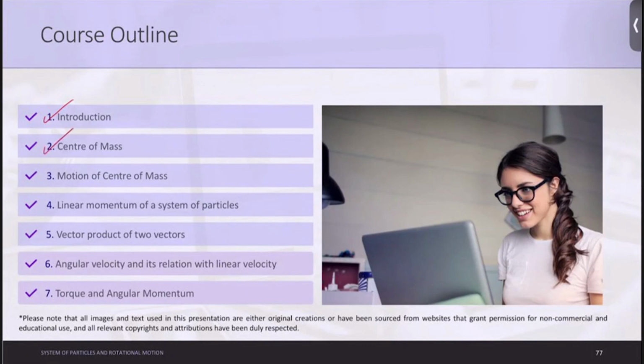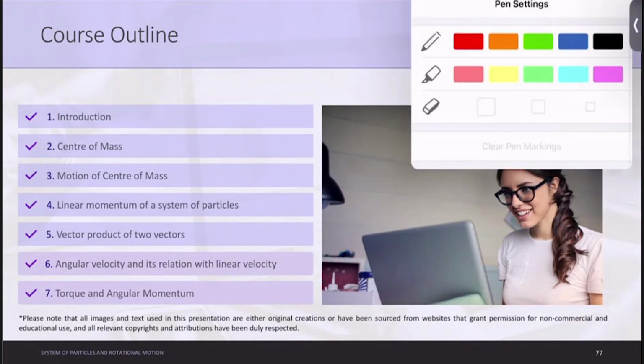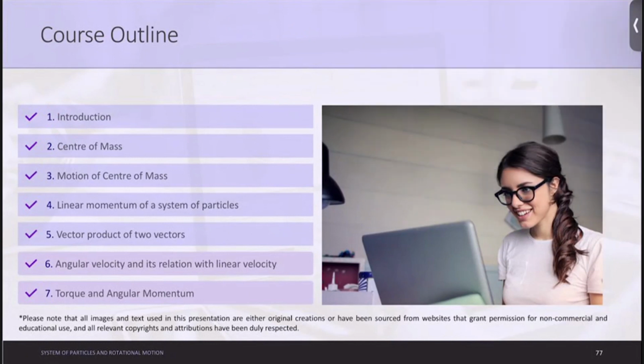In center of mass, we understood that in vector form the center of mass of a system of particles is equal to 1 upon m into... let me first write it for the normal particles.